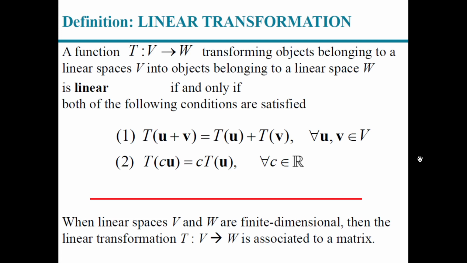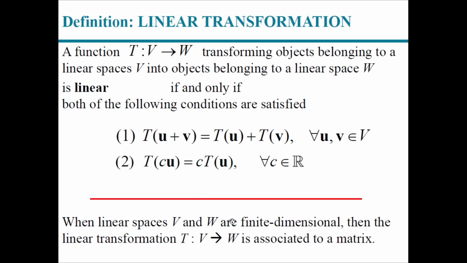So now, a reminder of linear transformation. It's a transformation that has all the nice properties as we saw before, but it also satisfies the two conditions of linearity. T of the summation of u and v is the summation of the images, and T of a scalar multiple of an object from V is the scalar multiple of the image.